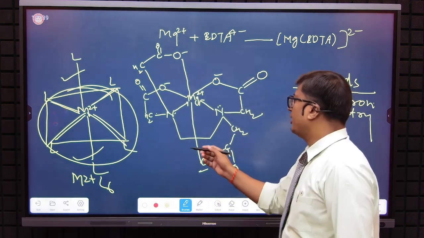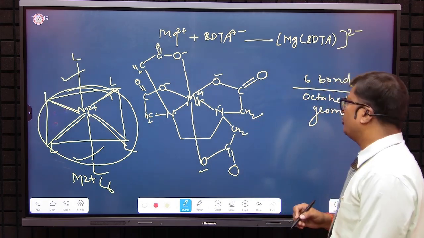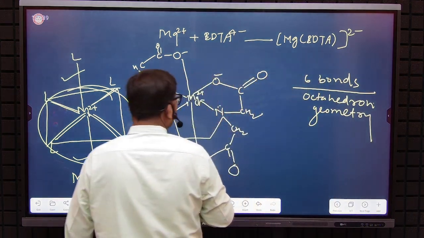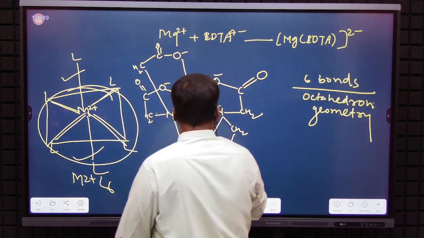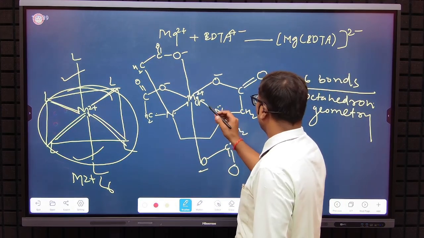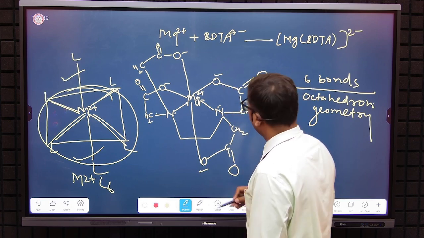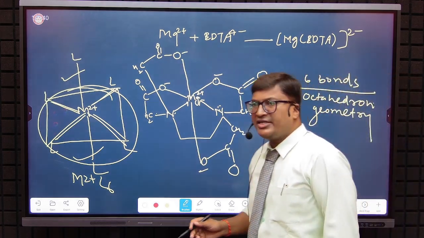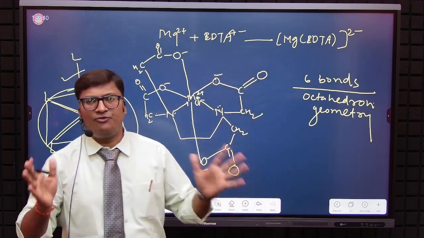So here total 6 bonds means it has octahedral geometry, and because of formation of a ring structure, the number of atoms in this particular ring, how many atoms? So suppose this is 1 2 3 4 5. So in this particular structure, 5 membered rings are formed, right?